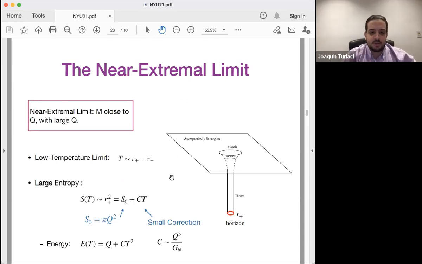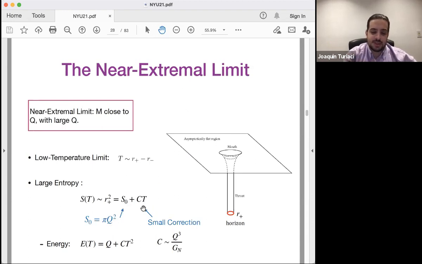It's also a large entropy limit. The entropy, given by the area, has a very large constant term S0, which is proportional to the extremal size, which in turn is proportional to Q squared.